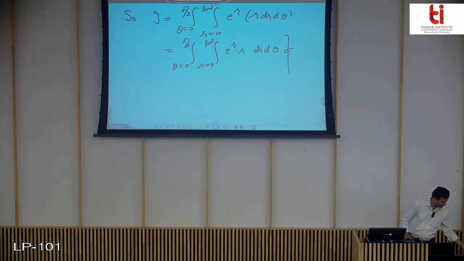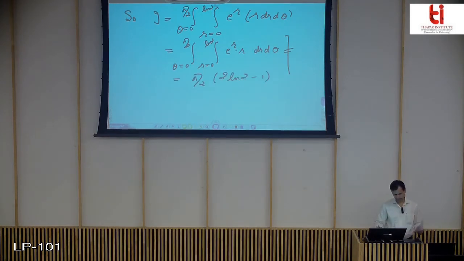The solution comes out as pi by 2 times (ln2 minus 1). So this is the way of changing the Cartesian integral into polar, and this is the result for this question.